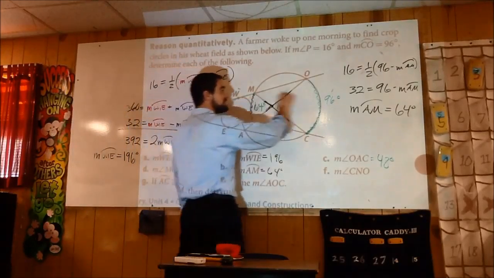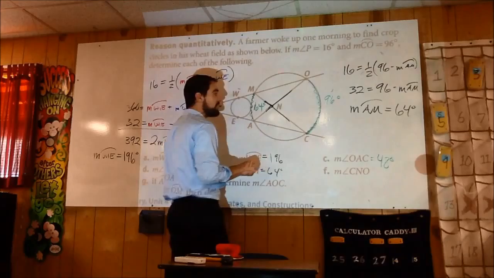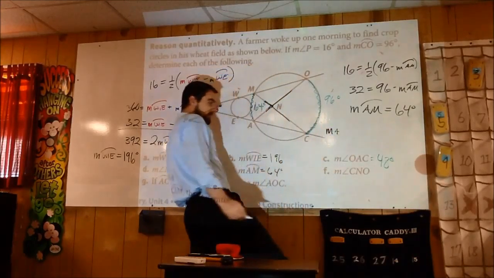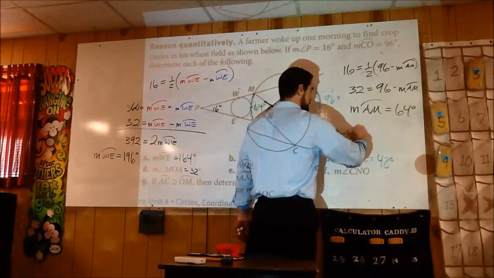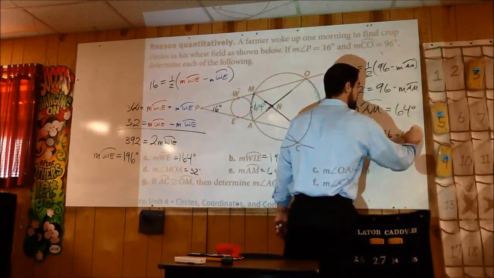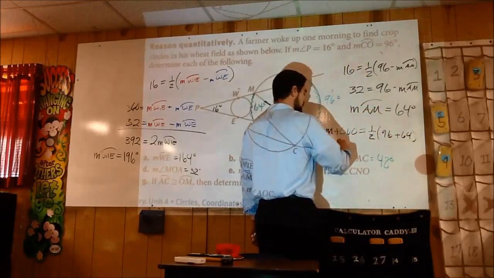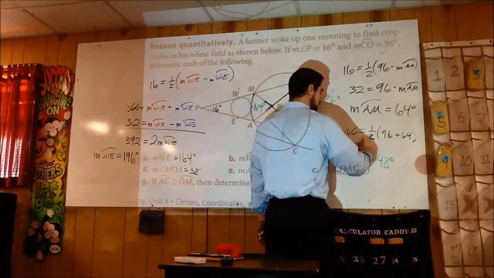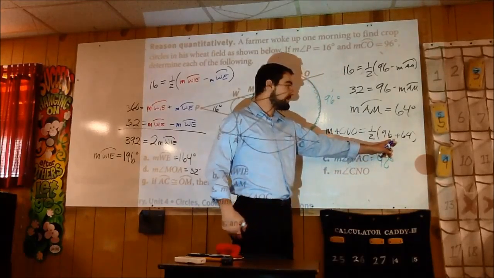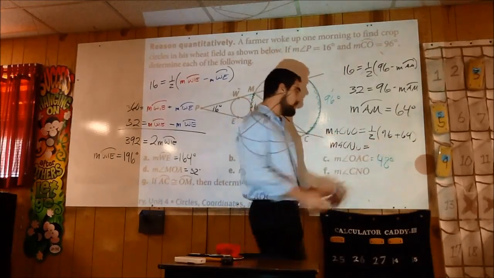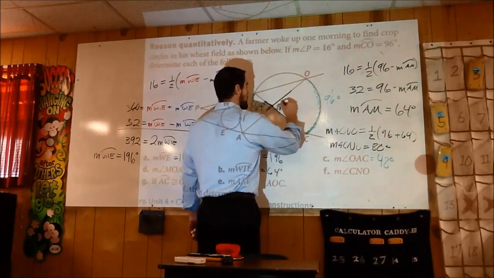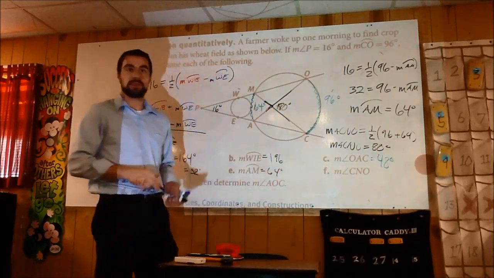So the measure of angle C and O is equal to 1/2 the sum of 96 and 64. This is 160, divided by 2, you get 80. So that angle would be 80 degrees.